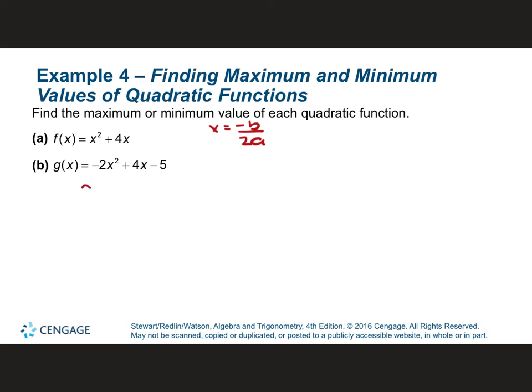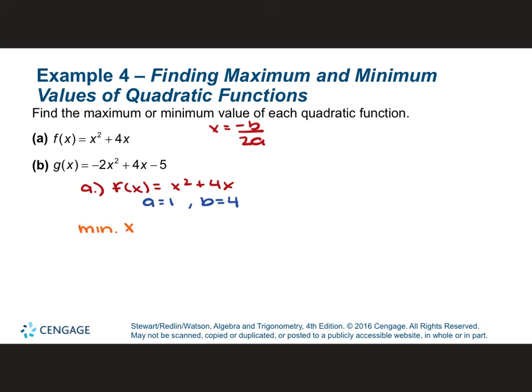So with example A, we are given f of x is equal to x squared plus 4x. With this, our a is 1, our b is 4, our c is 0. We don't have a c there, so it's 0. So to plug these in, we first want to look to see if we have a maximum or minimum. Our a is a positive 1, so that means that our parabola is going to open up, which also means we'll have a minimum value.